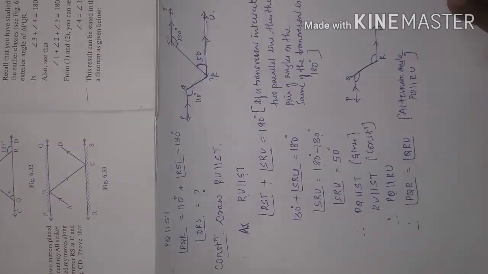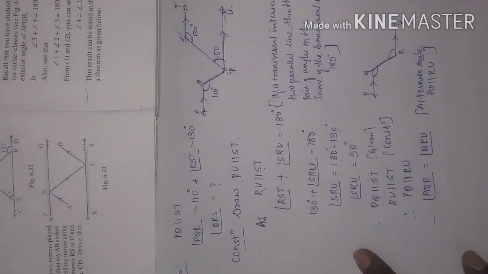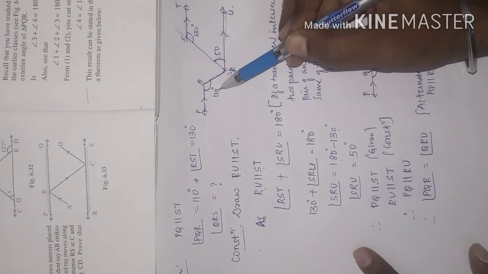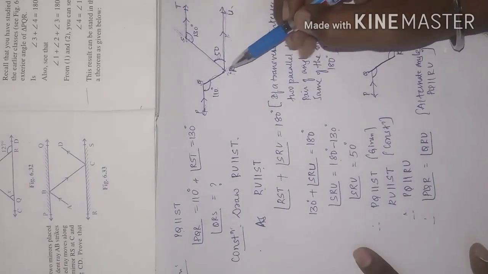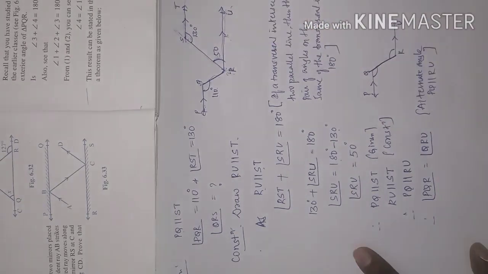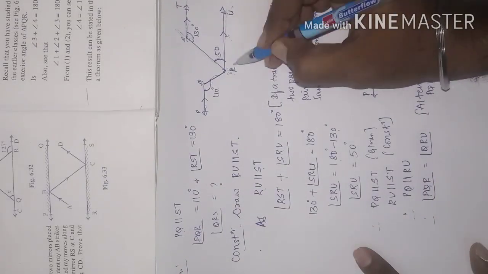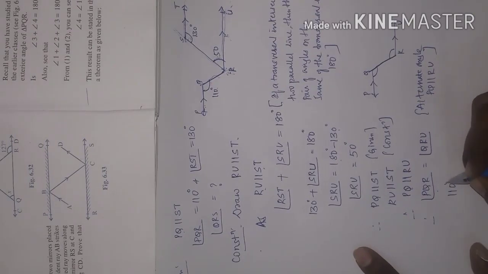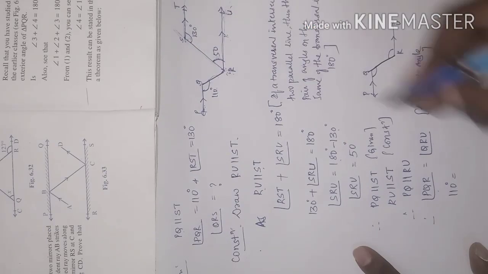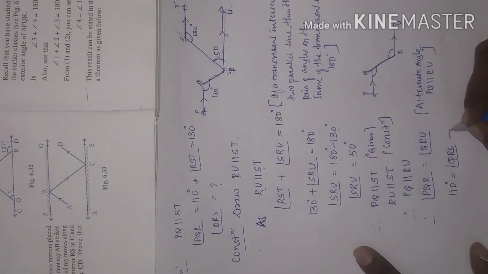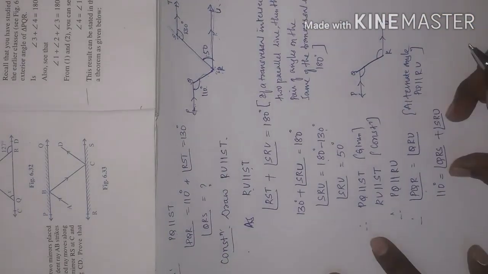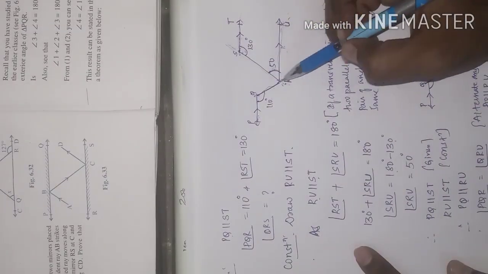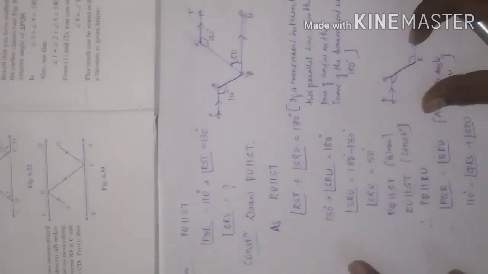Now PQR is equal to 110 degrees, and QRU, the complete angle, we don't know. Let us see what angles QRU consists of. QRU consists of angle QRS plus angle SRU. So we are writing in this manner.